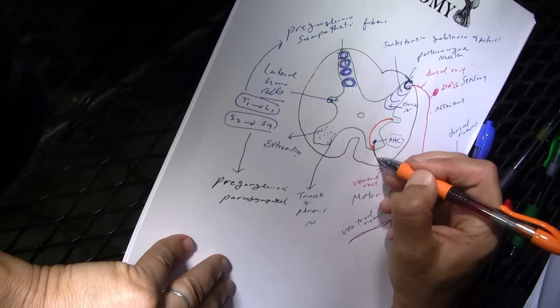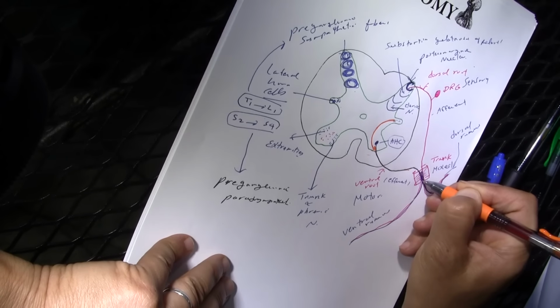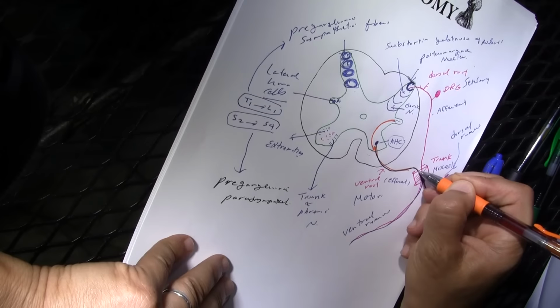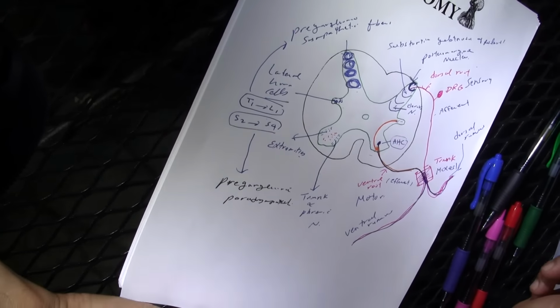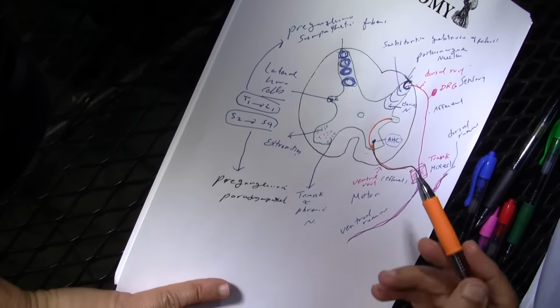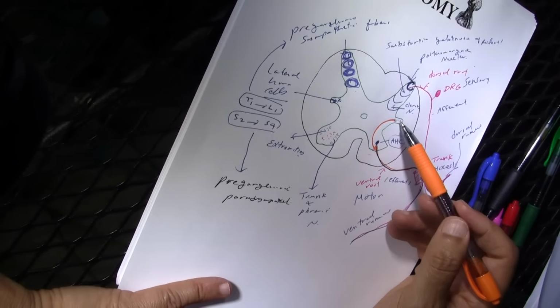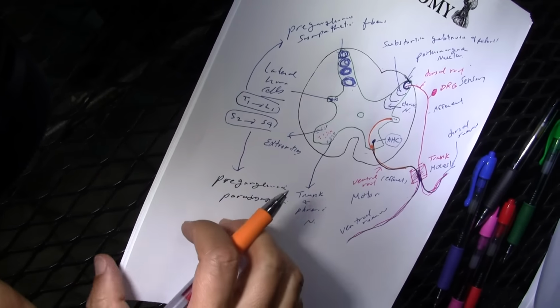So the ventral root receives sympathetic or parasympathetic depending on the area, and they distribute to the blood vessels of muscles and also sweat glands, etc. So keep in mind again, lateral horn cells are related to what? To the autonomic nervous system. Okay, we're done with the gray matter.